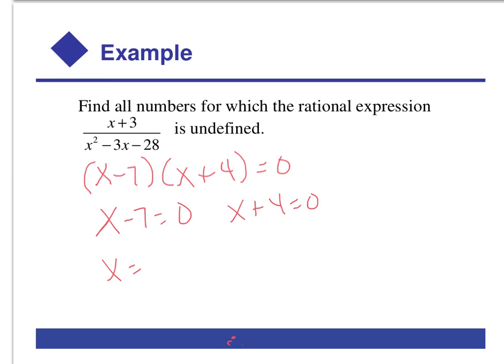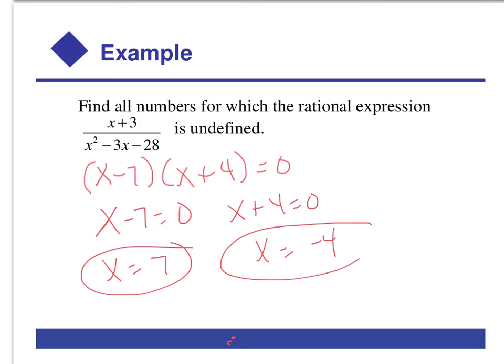So x equals 7, and then x equals negative 4. So if we were to plug those in, that would make that bottom number 0. So that's why we want to make sure that we don't use 7, and we would not use negative 4, because that would make the denominator undefined, and that's what you always want to avoid.